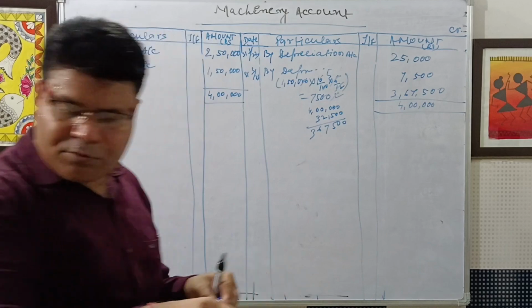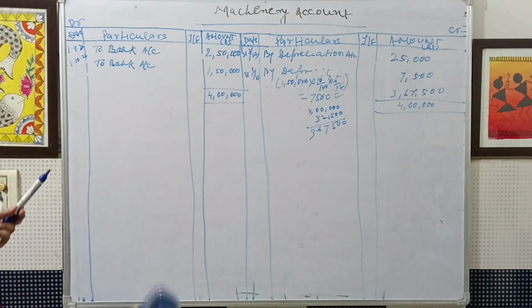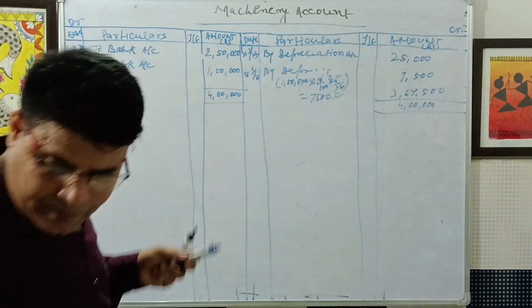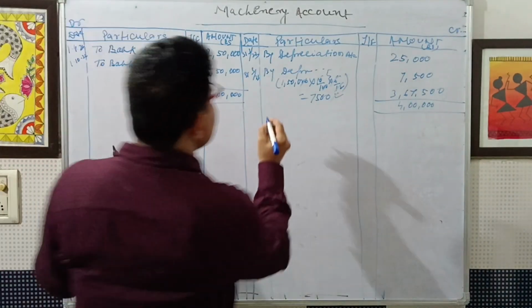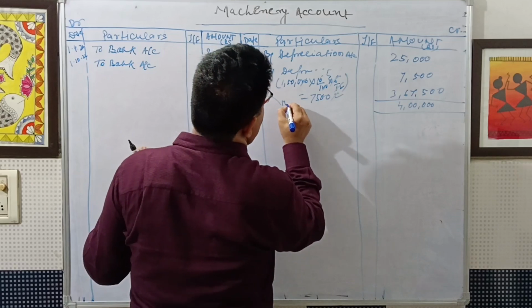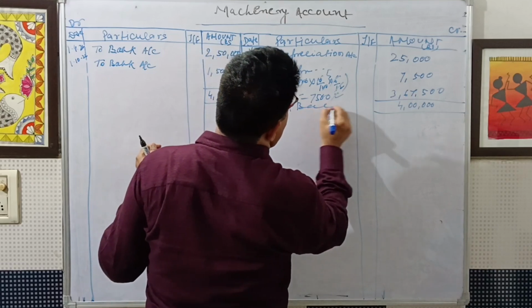So 3,67,500 is the balance c/d. So write down here, by balance c/d.